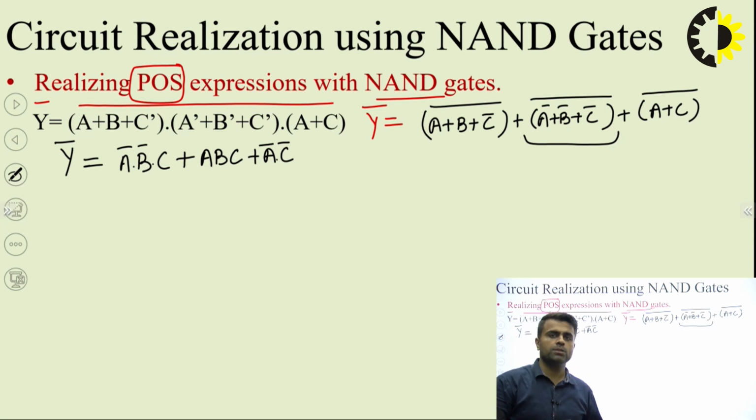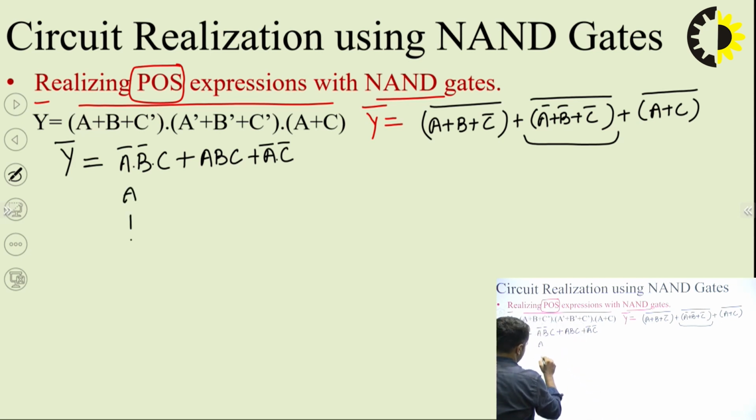But this Y bar is very easily realizable using NAND gate because it is looking like an AND OR expression. So we can simply go for the circuit like this. This is A, realizing its negated version.